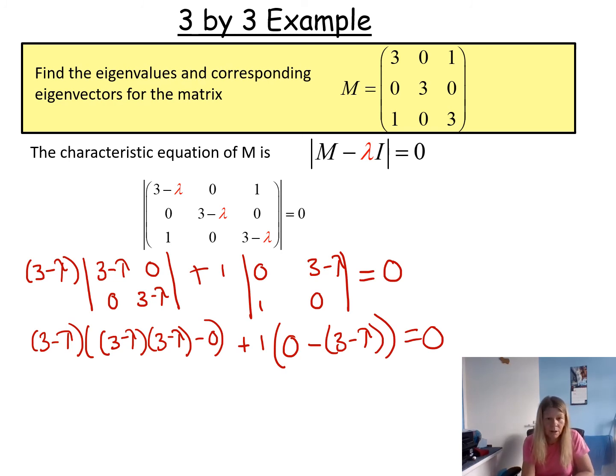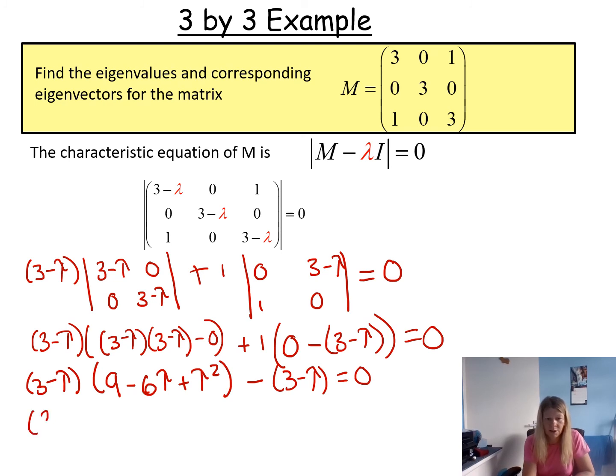Confusing. Right, so we've got 3 take lambda. If I expand these two, I'd have 9 take 3 lambda take 3 lambda, so that's 6 lambda, plus lambda squared. And in here I've just got minus (3 take lambda). Factorise out 3 take lambda.